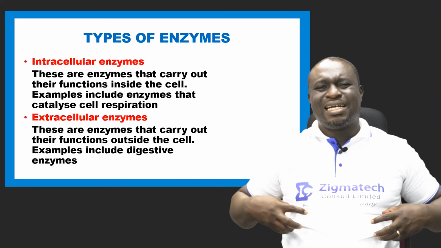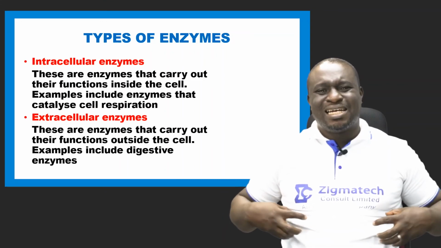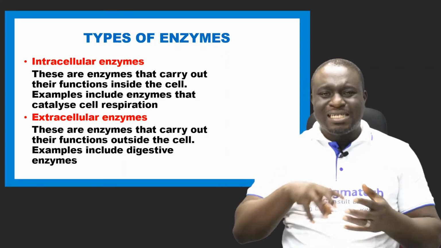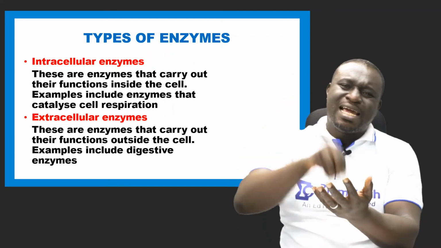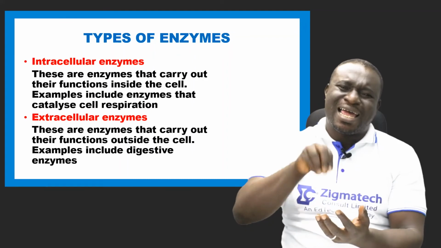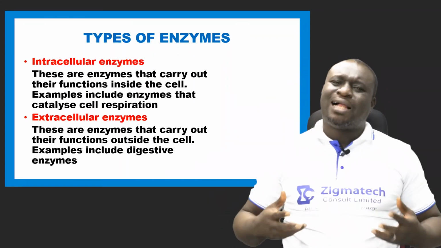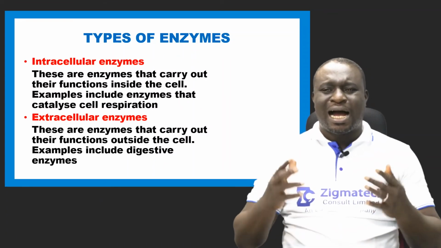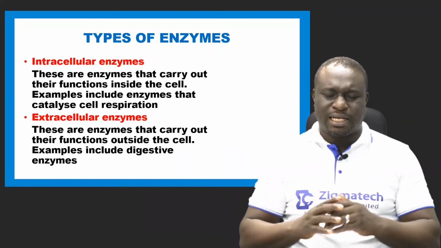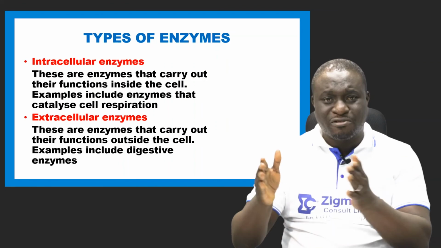Remember, it is inside the cell that cellular respiration takes place, which is inside the cytoplasm and also inside the mitochondria. These are organelles inside the cells. So respiratory enzymes are examples of intracellular enzymes, while extracellular enzymes are enzymes that carry out their functions outside the cell. An example of extracellular enzyme is the digestive enzyme.